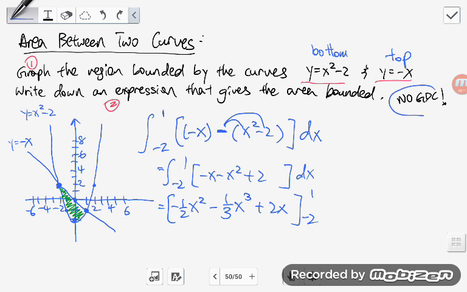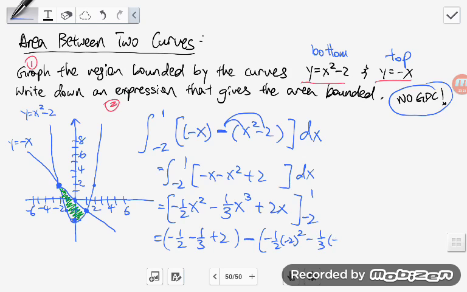And I'm just going to substitute the values in here. It says no GDC, so we cannot use our GDC here. We have to do this manually. So substitute the 1 in there. I'll get -1/2, 1 squared is still 1, minus 1/3, 1 cubed is 1, plus 2. This whole chunk minus, be careful with this, minus, -1/2 times -2 squared, minus 1/3.